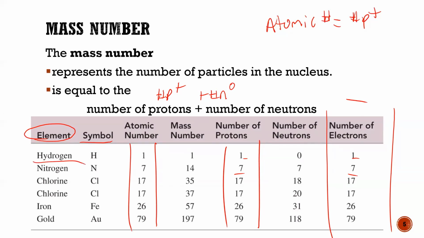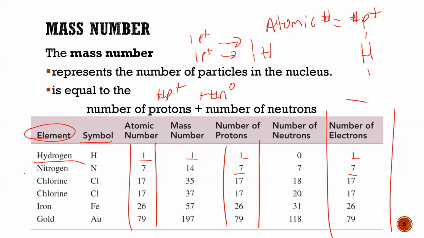So hydrogen, if it has 1 for an atomic number and 1 for a mass number, you would write it like this, 1 and 1. What that means is it has 1 proton, and based on its mass, it only has 1 proton as well, right?